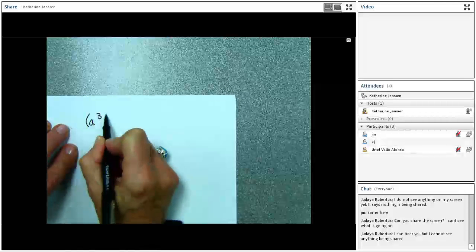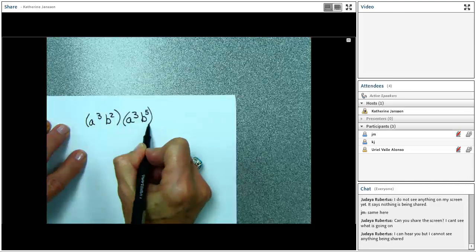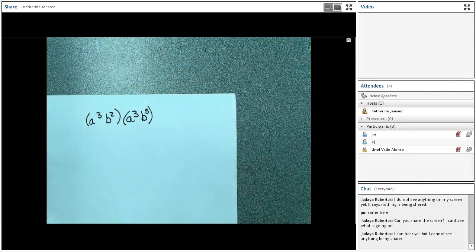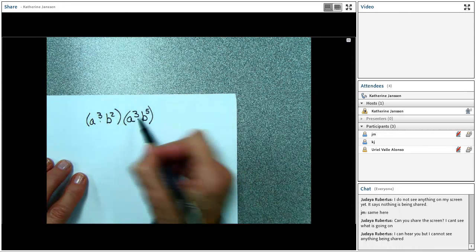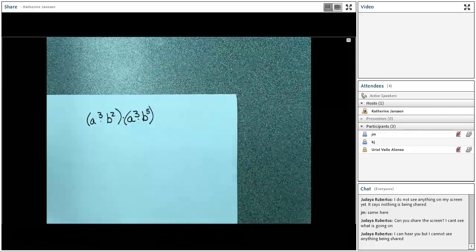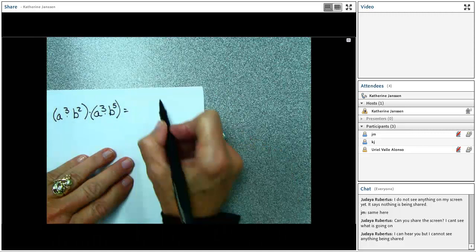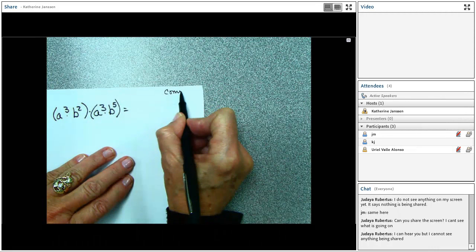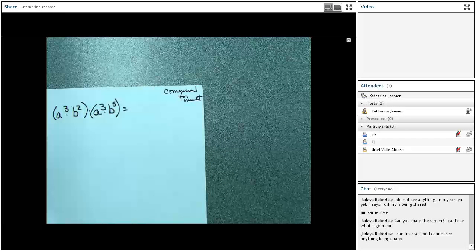A cubed b squared times a cubed b to the 5th. Well, this is a cubed times b squared, and this is a cubed times b to the 5th, and this is this quantity times this quantity. It's all multiplication. So I can rearrange using the commutative law for multiplication. As long as it's all multiplication, 3 times 4 is the same as 4 times 3.